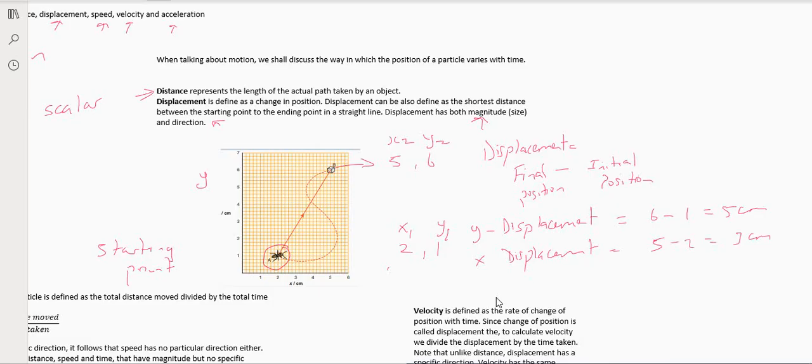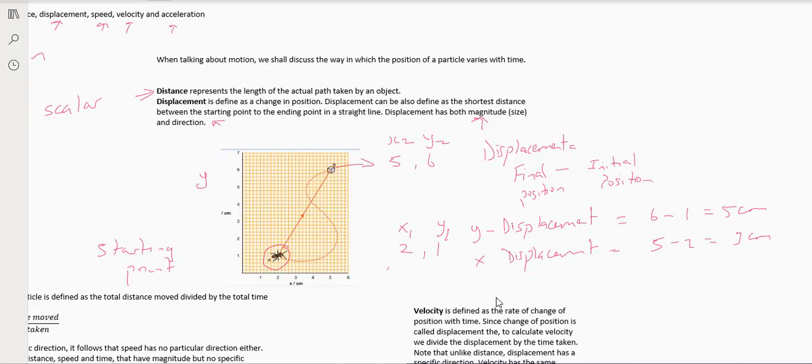Now, in order for us to find the exact displacement, there are two ways we could do it. We could actually measure the length, or we could use the Pythagoras theorem to find the actual displacement.